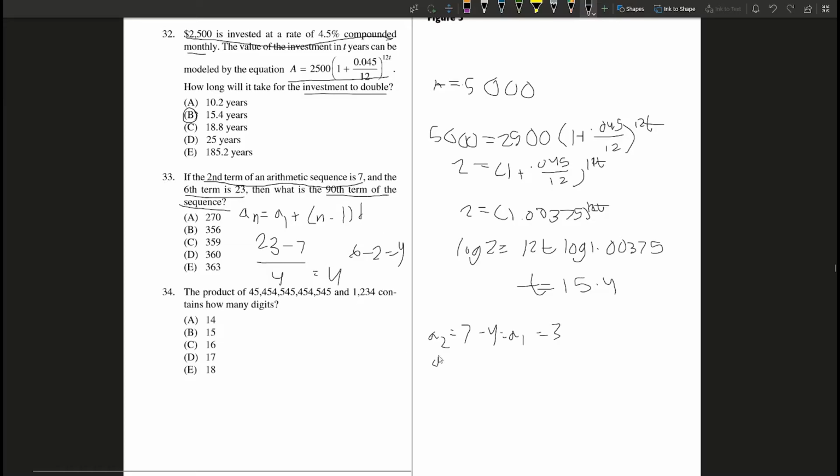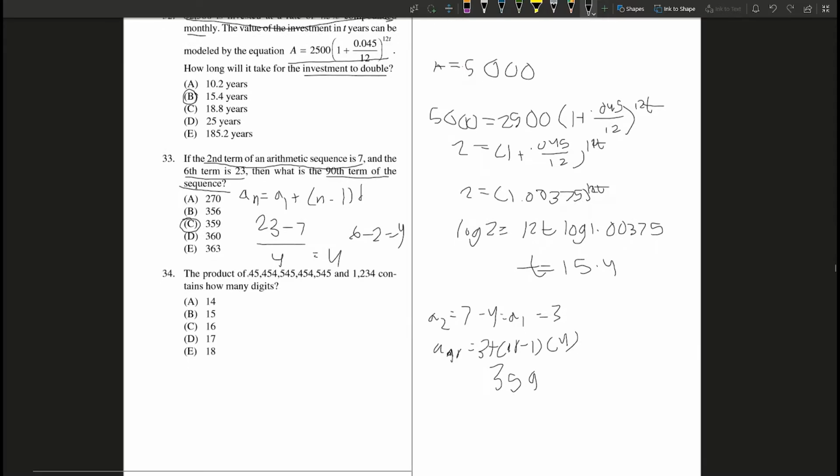So a sub 90 is equal to 3 plus 90 minus 1 multiplied by 4. And so let me just check what that is. That's going to come out to be 359. That's our answer here.